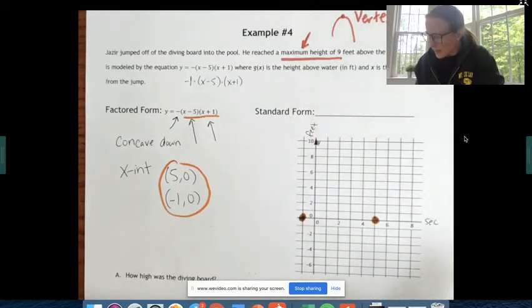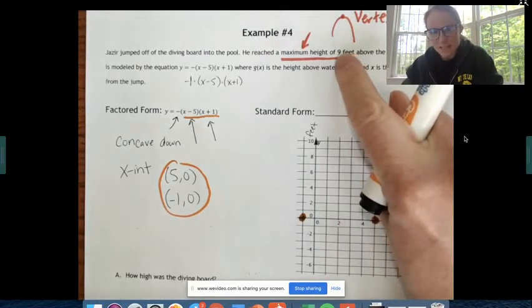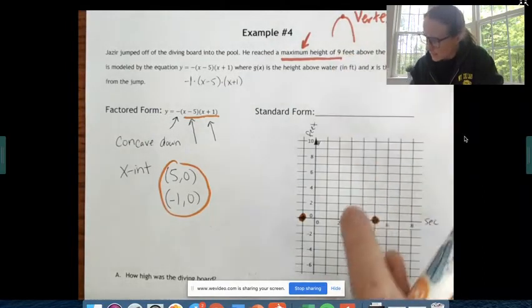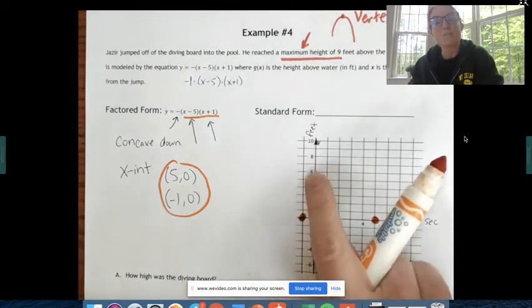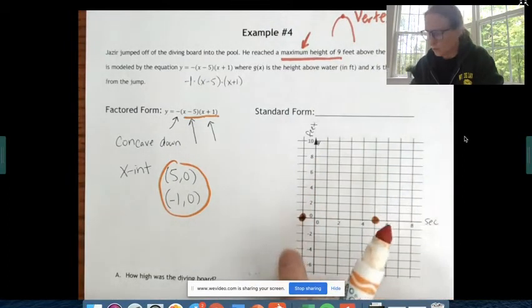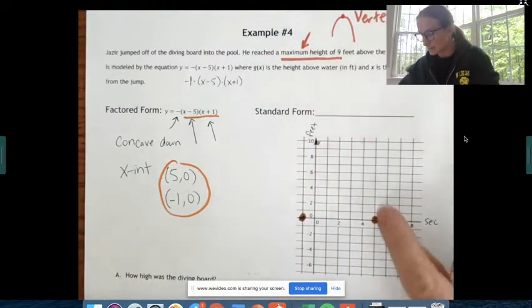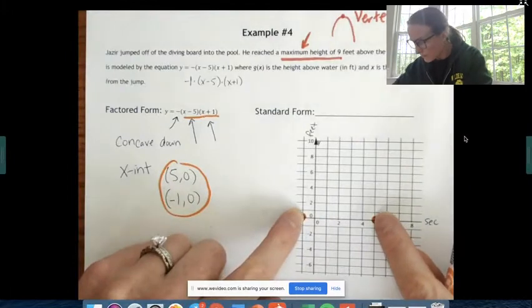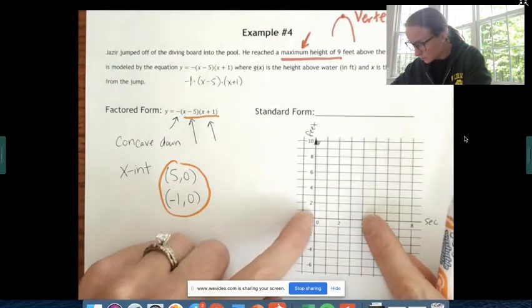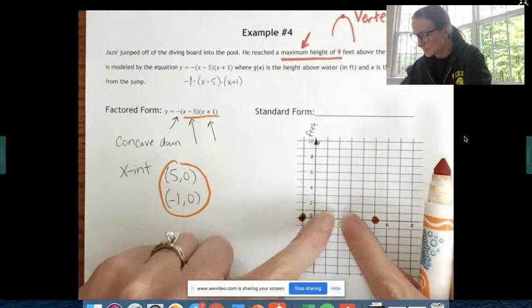All right. Now, it says that there's going to be a maximum of 9 feet. I'm not sure where to put it, but I do know that parabolas are symmetrical. If they're symmetrical, that means this vertex has got to be halfway between these two x-intercepts. So if I find the middle of that, I can go right into the middle.